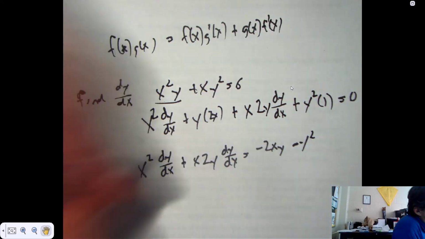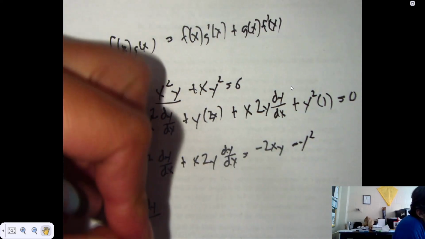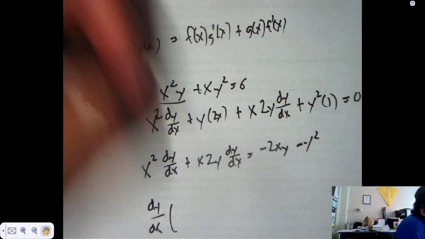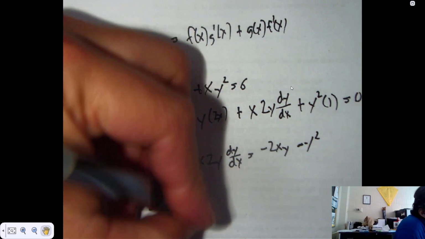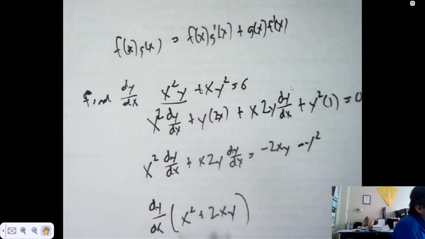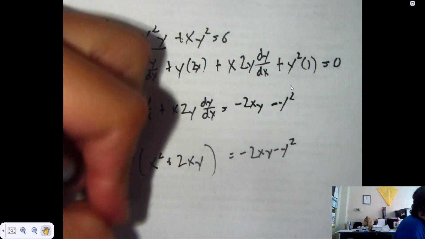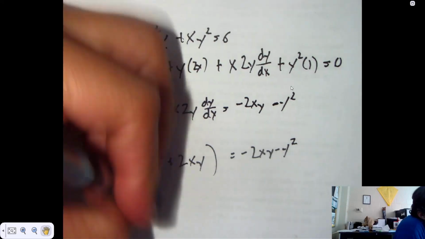All right, so I'm going to pull out my dy/dx. And I could pull a little bit more than that if I wanted to. I might do it later. I'm left with x squared plus 2xy. I should have rearranged that to look better before, but I didn't. And that equals negative 2xy minus y squared. I'll divide out the stuff that's attached to it.